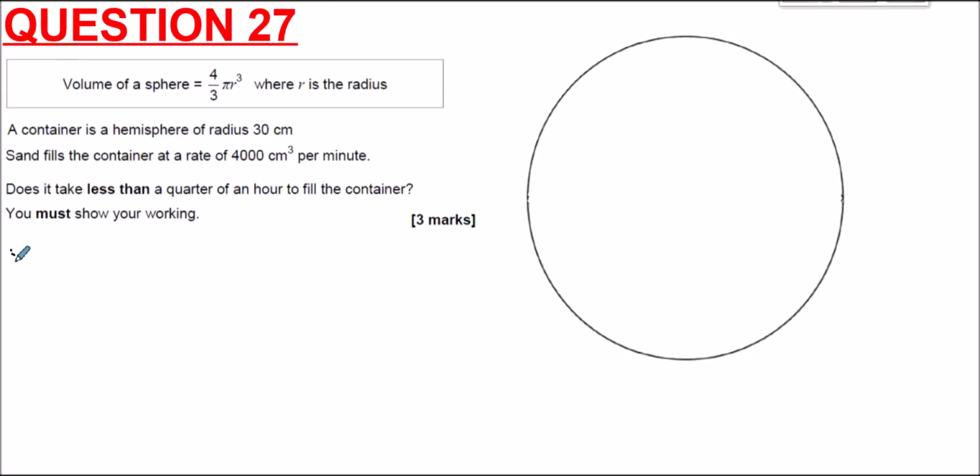So for this sphere, the volume of the sphere is 4/3 times pi multiplied by the radius, which is r, cubed. So just remember that r is the radius, and we're told that it's 30 centimetres.